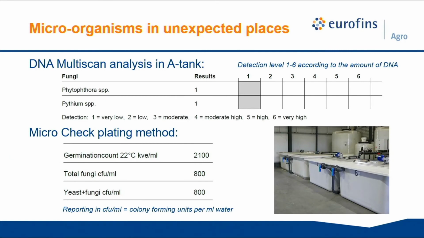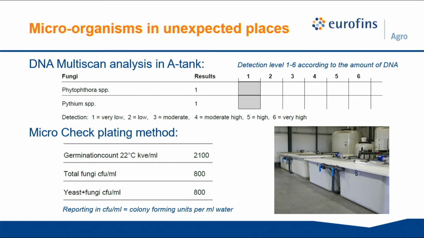Sometimes microorganisms are in unexpected places. In this example, we took the sample at the grower. You see Phytophthora and Pythium present in the fertilizer tank. You wouldn't expect this fungi growing in this highly concentrated tanks with that high amounts of EC.